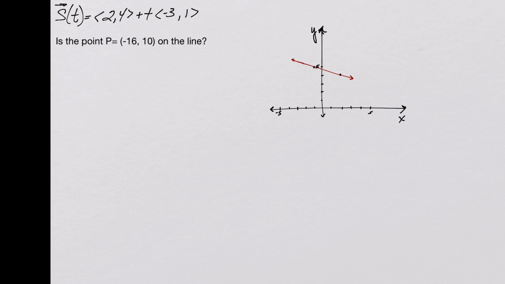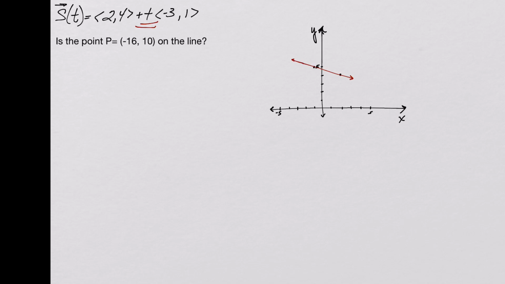To do that, what we know is that if the point is on the line, then there's some value of t that would generate the point, or a position vector to that point. So we can set the point P equal to the right-hand side of our equation.